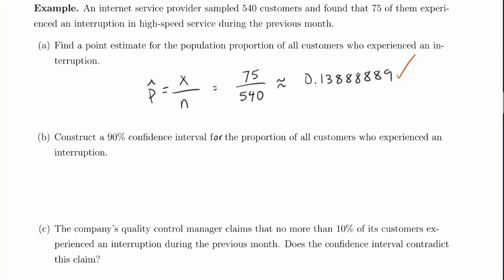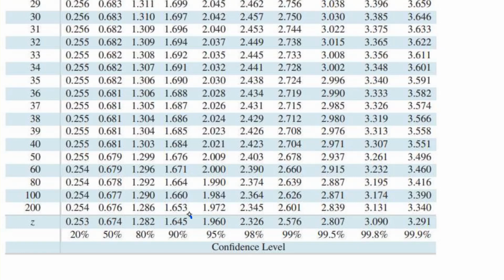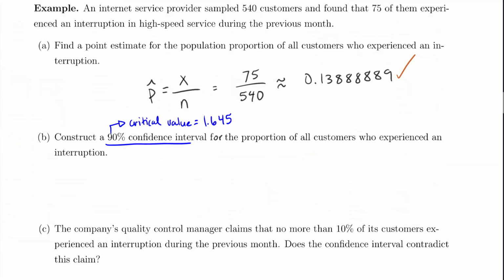Okay, so our critical value for 90%, if we look at the chart, we look at the confidence level, we see 90% is listed. The critical value is 1.645. After we have the critical value, we next compute the standard error, following the formula here.